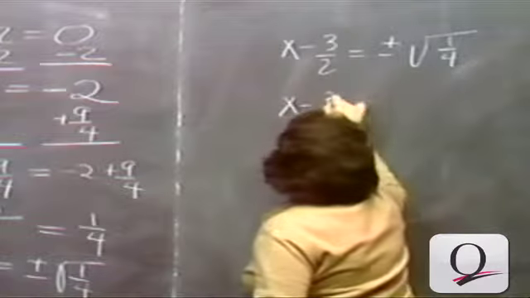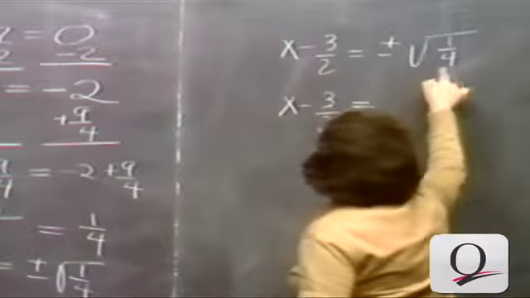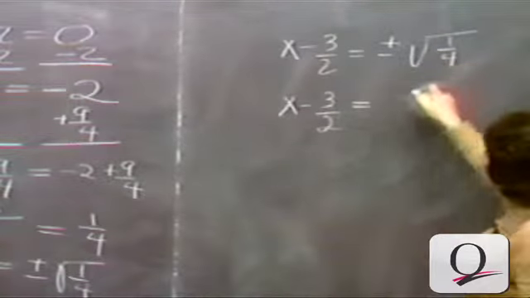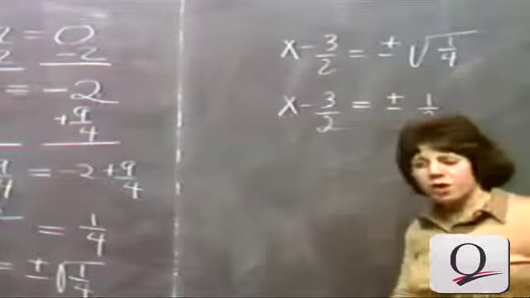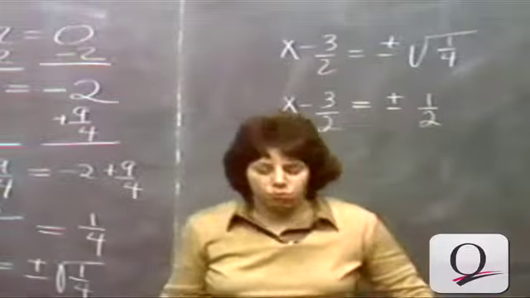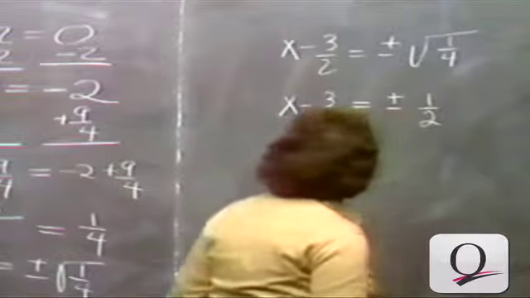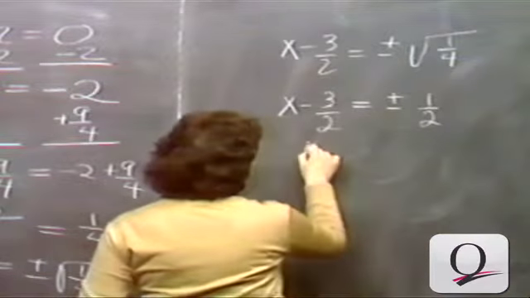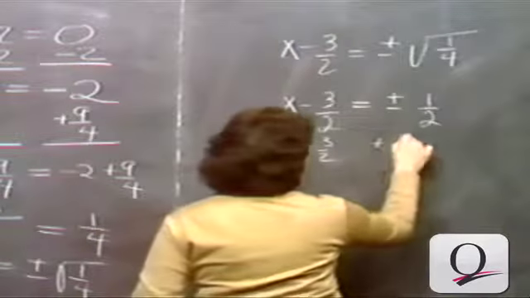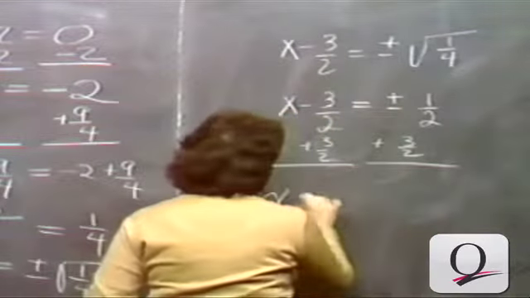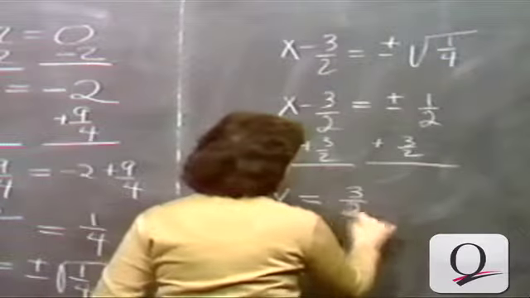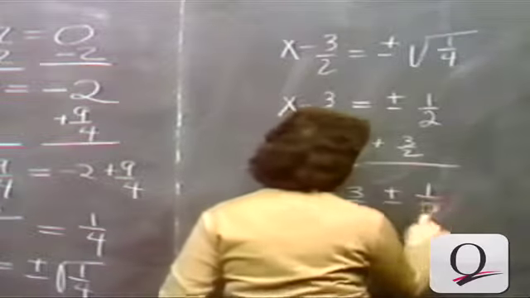It so happens in this particular problem, the right-hand side is also a perfect square, so when we take the square root, we get plus and minus 1/2. The square root of 1/4 is 1/2 because 1/2 times 1/2 is 1/4. We now add 3/2 to both sides, giving us x equals 3/2 plus and minus 1/2.